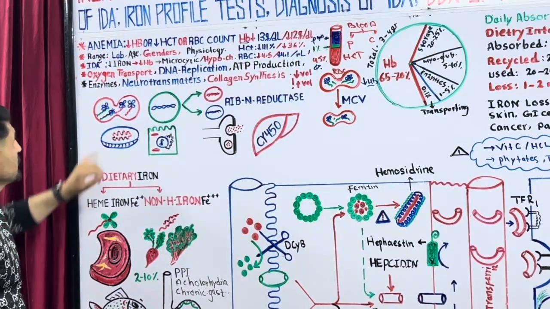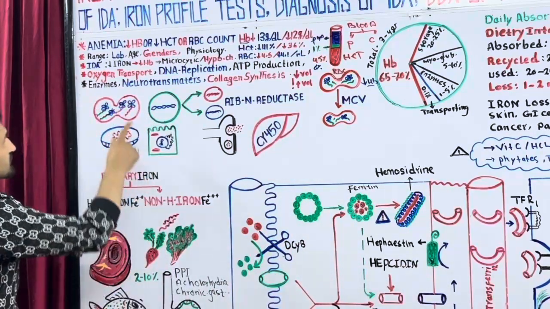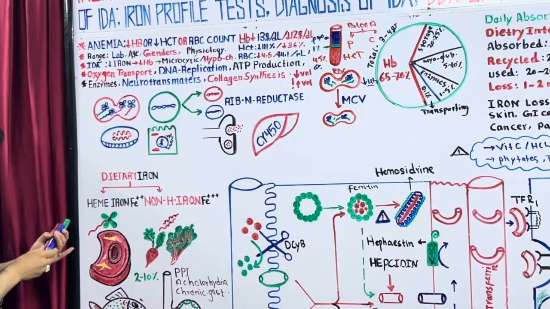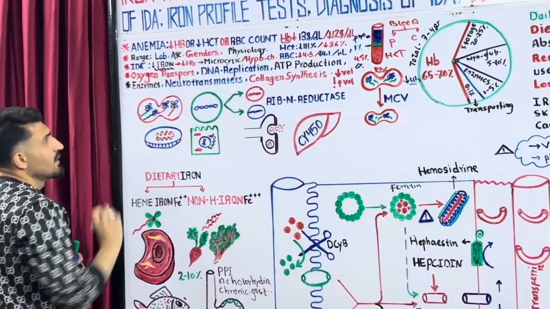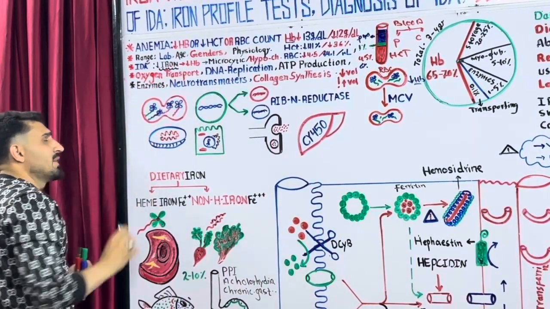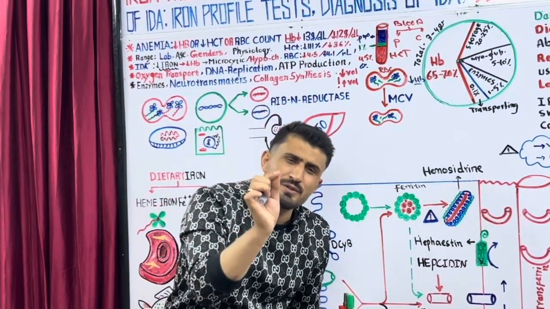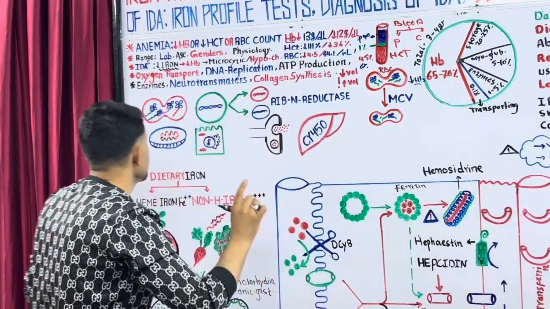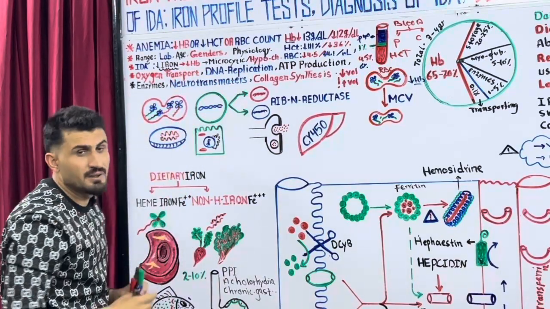Now come to the definition of iron deficiency anemia. Now, this is iron. Okay, listen to me carefully, this is so easy. Iron has many functions in our body. One of those functions is that it has a role in the making of hemoglobin.